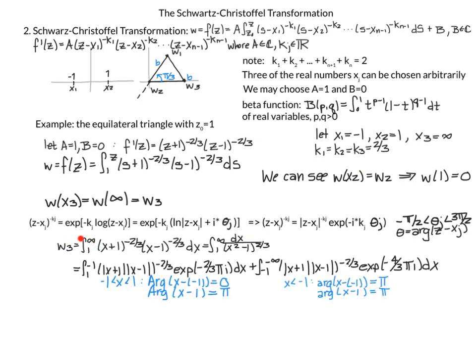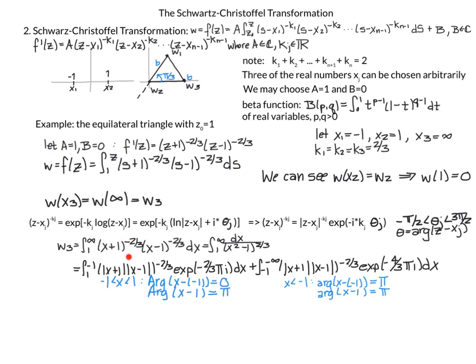To use the previous results, instead of integrating from 1 to infinity, we're going to integrate from negative infinity up to 1. That'll capture our previous results. So we're going to break this integral into two parts: from negative infinity to minus 1, that's over here, and then our integral from minus 1 to 1 over here.